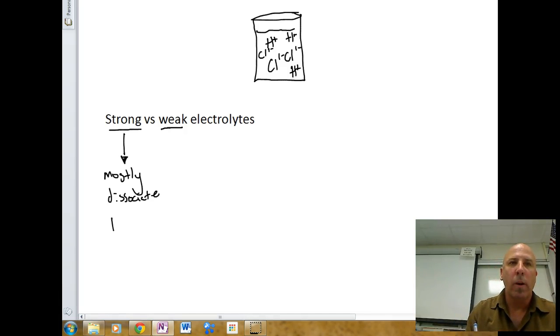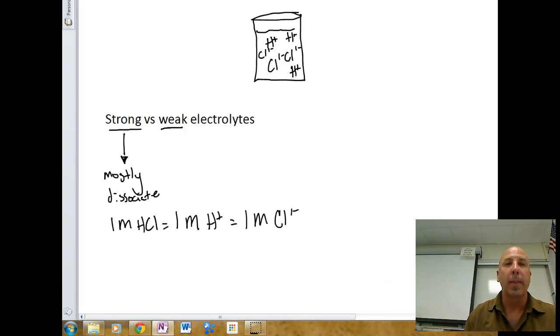Let's say we have 1 molar hydrochloric acid. That would be considered a strong electrolyte, and that would mean you would have 1 molar of hydrogen ions and 1 molar of chloride ions. That is definitely a strong electrolyte, really going to conduct electricity.